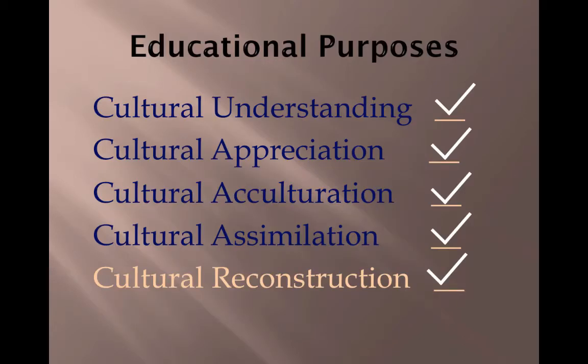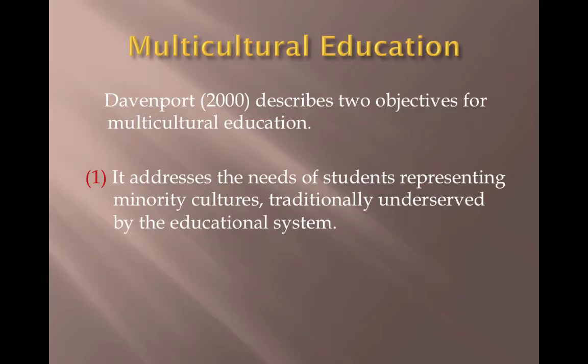So in this multicultural model, the goal is cultural understanding for sure, cultural appreciation for sure, and cultural acculturation and cultural assimilation as best as we can, letting it happen naturally, and cultural reconstruction. These are all high-order goals. I mean, that's a lot to do, but that's ultimately what multiculturalism is trying to do.